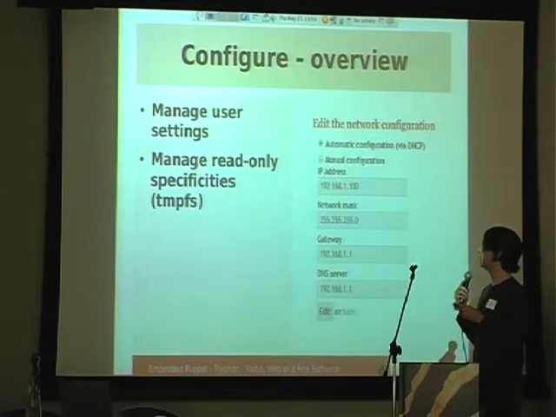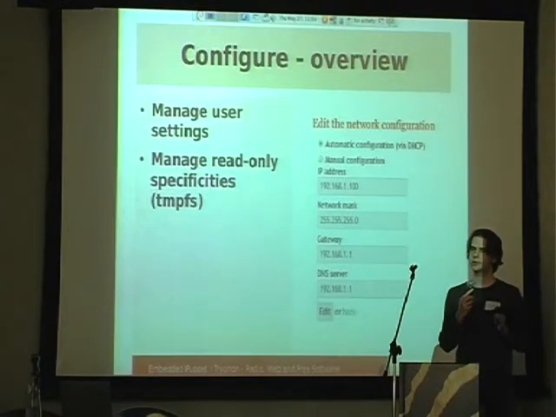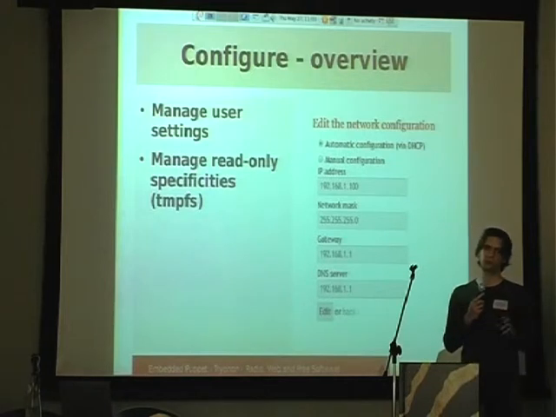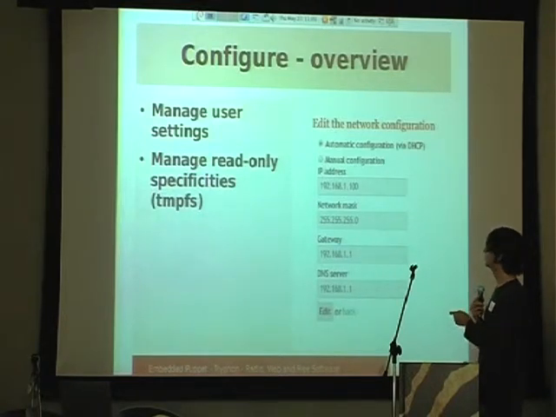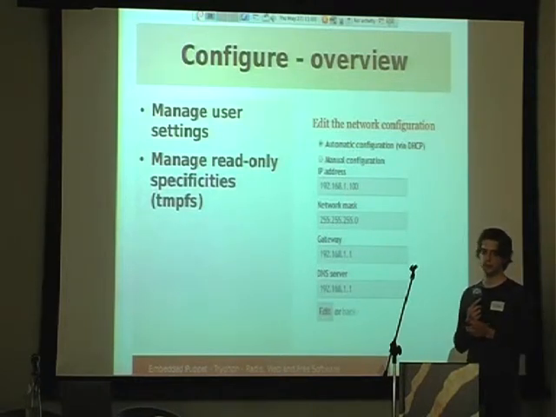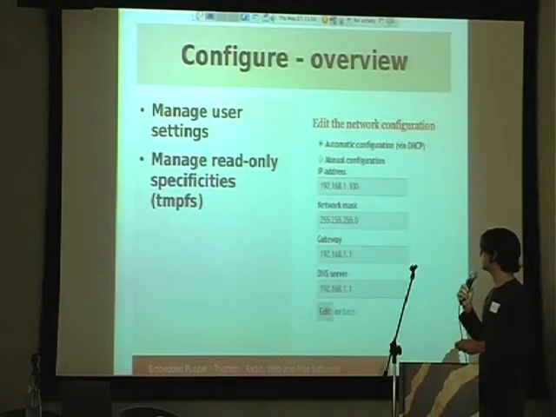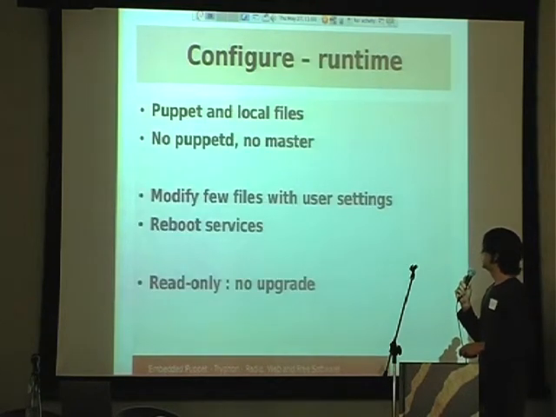We're managing user settings and we're managing redundancy specificities for the boot. You remove shell scripts and init scripts for that, and we're using Puppet instead. So this is the moment where the user clicks on edit and Puppet tries to change the settings and configure our box at runtime.